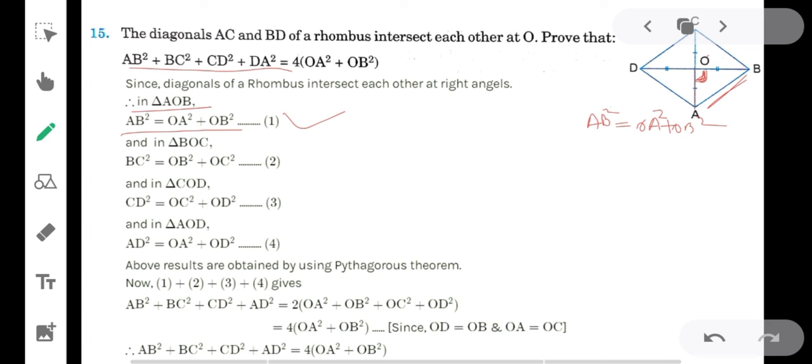Like that, in triangle BOC, BC square equals OB square plus OC square. BC is the hypotenuse, right? Like that in triangle COD, CD square, which is the hypotenuse, equals OC square plus OD square, and in triangle AOD, AD square equals OA square plus OD square, right?